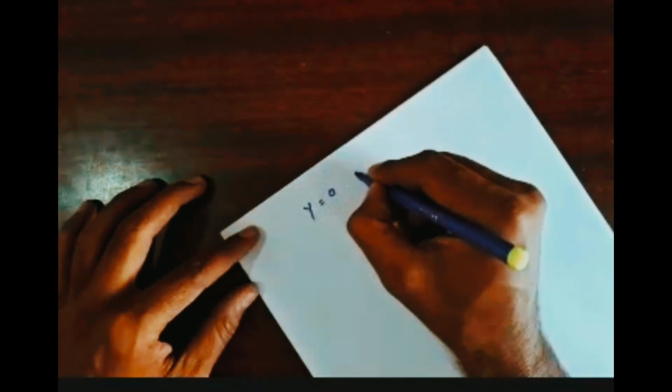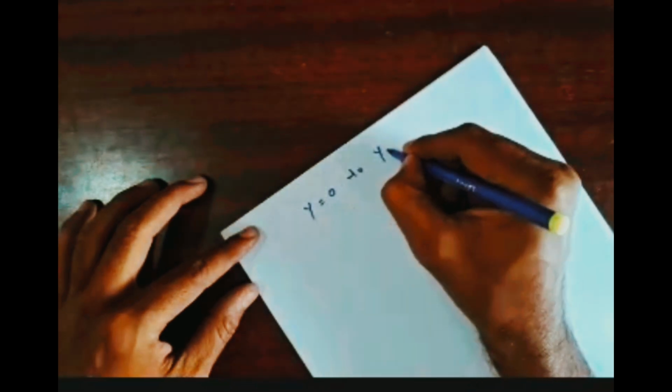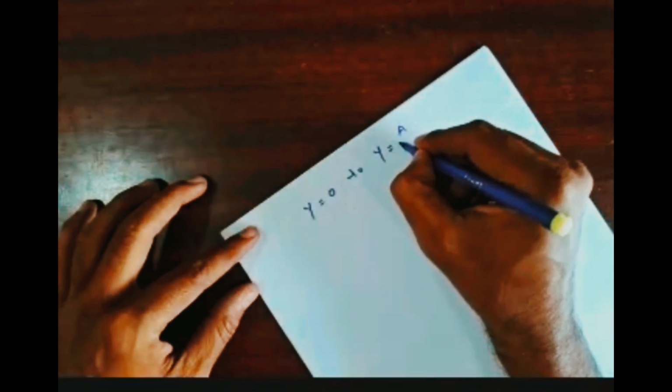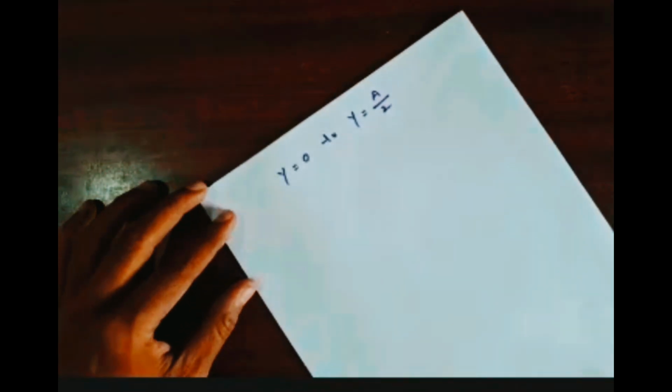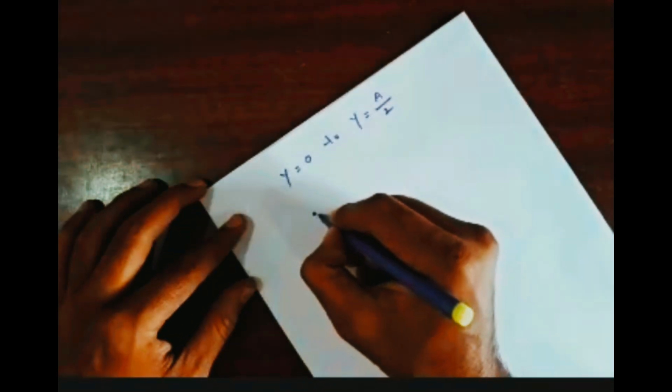Mean position is nothing but 0. Half the amplitude, amplitude is a, half the amplitude is a by 2. How much time does it take? So this is the mean position.